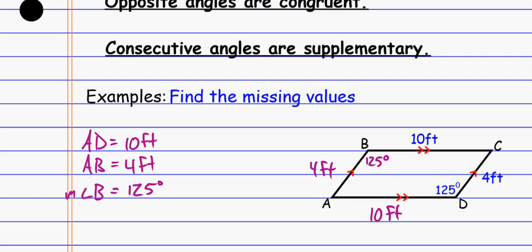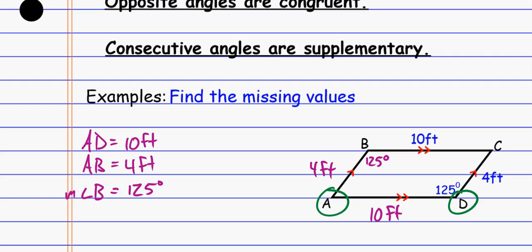And now from here, this is the tricky one. This is the one that students tend to forget about. But the consecutive angles are supplementary. So if I look at a pair of consecutive angles, A and D would be consecutive angles, because as I draw this, those two would be connected, which means those two are supplementary, meaning they add up to 180 degrees.